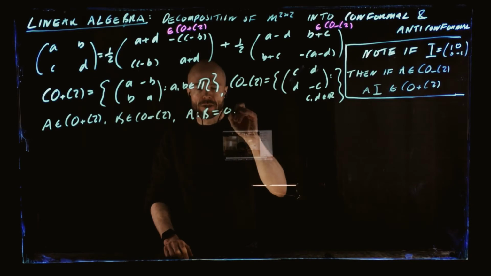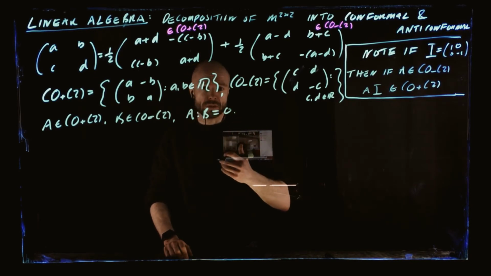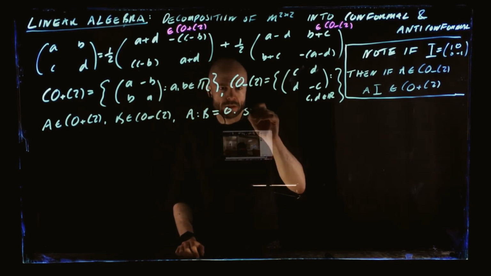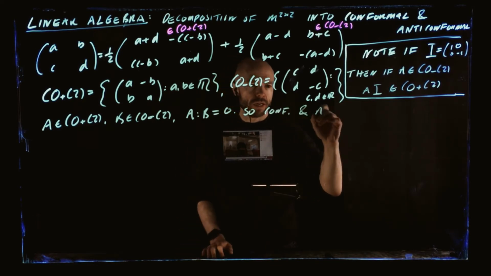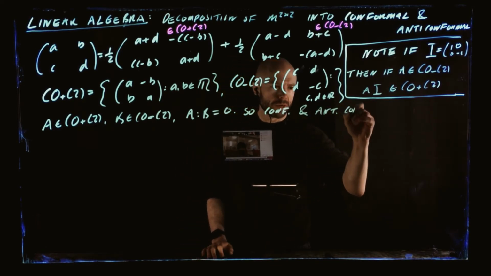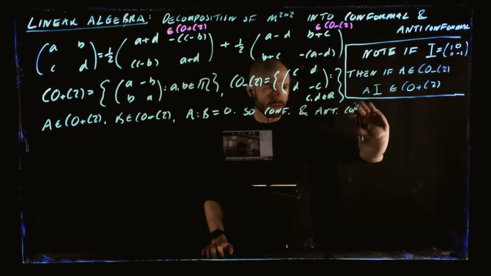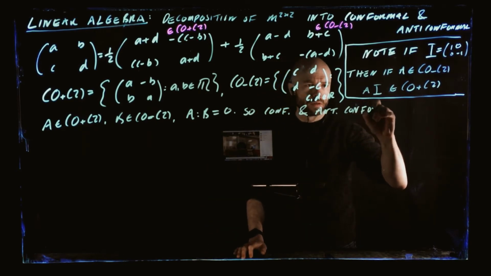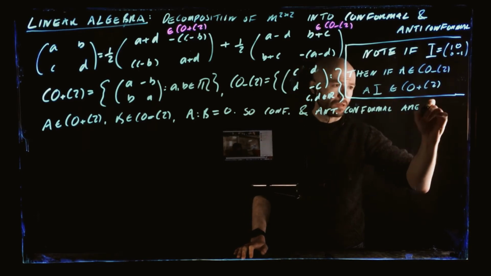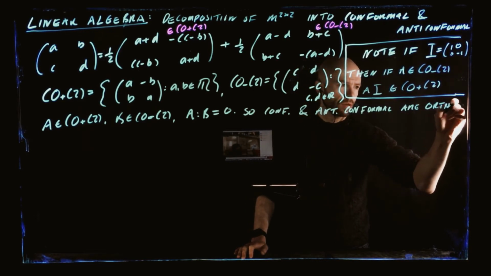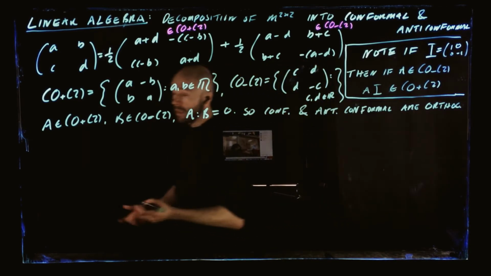So this is equal to 0. So these are orthogonal subspaces, conformal and anticonformal, which is part of the reason these things turn out to be so convenient. Orthogonal subspaces that decompose.